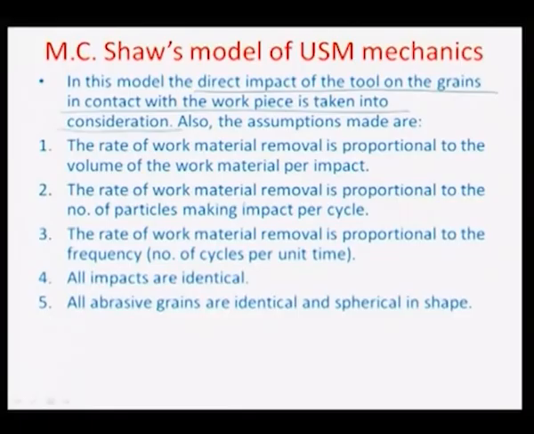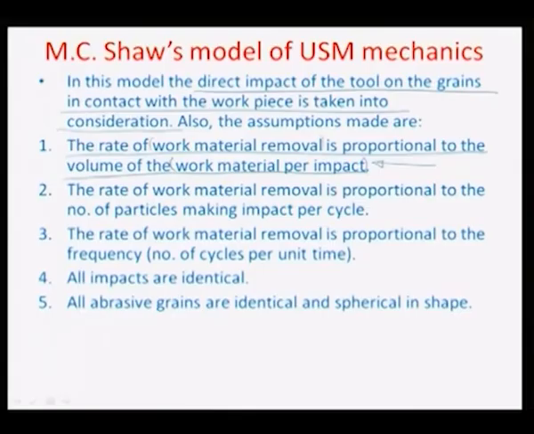Number 1, the rate of work material removal is proportional to the volume of the work material per impact, which makes sense, that whatever material gets removed by one set of grains coming in contact with the surface because of the direct hammering action would be the work material per impact, and this would determine the overall work material removal rate.